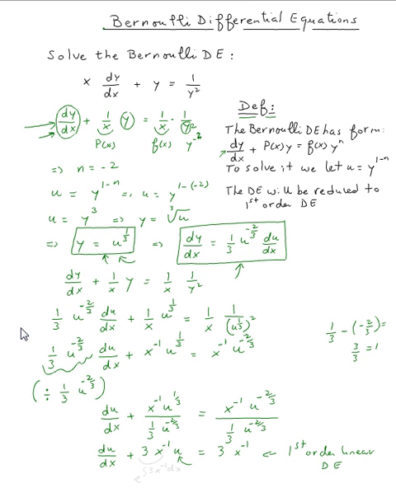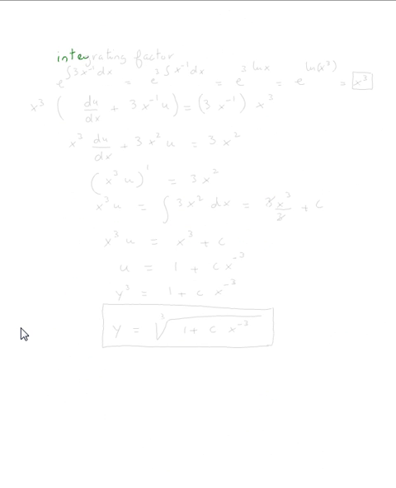The integrating factor will be e to the integral of 3x^(-1) dx, which is e to the 3, taking the 3 outside, integral of x^(-1) dx. The integral of x^(-1) is ln x.